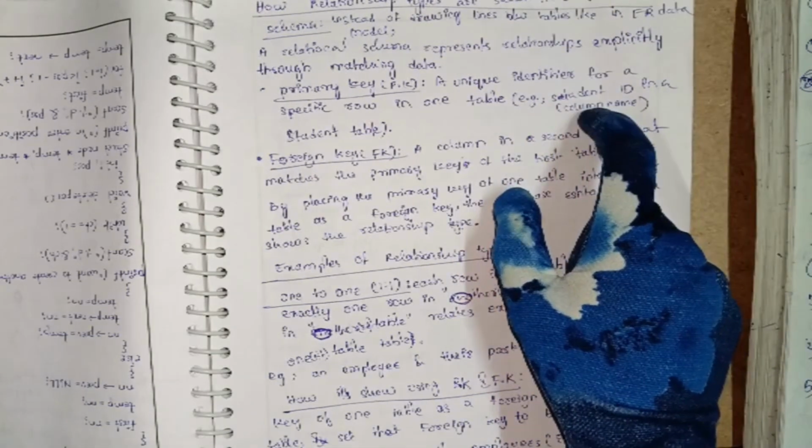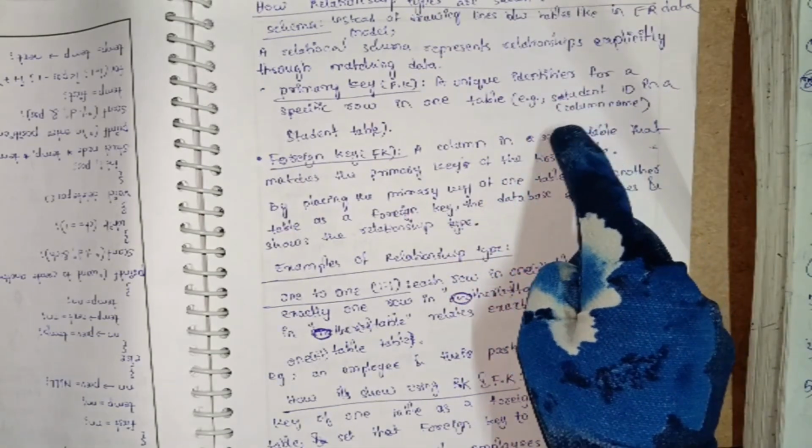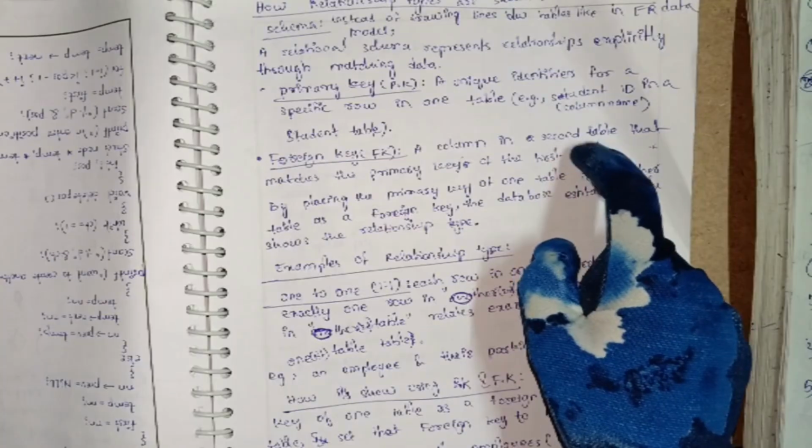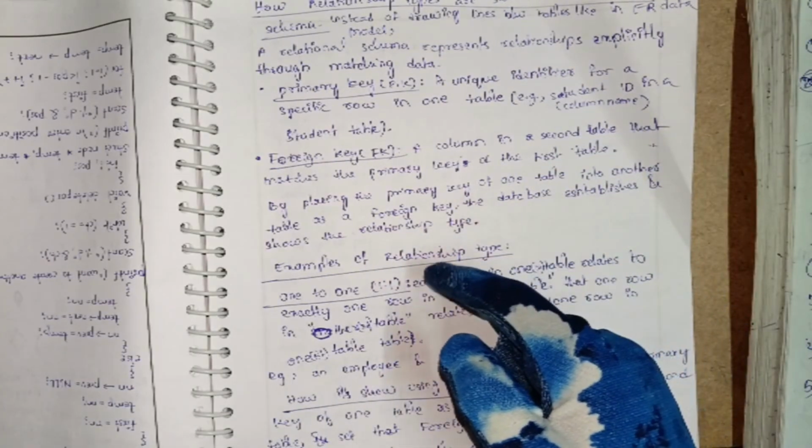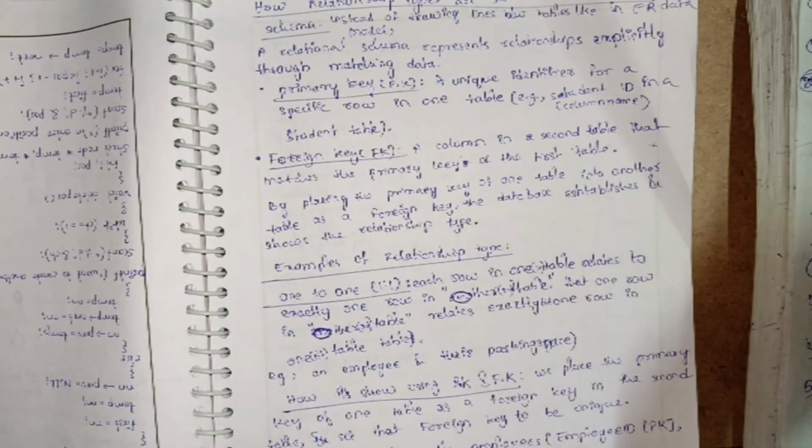If 101 is there, it can contain 101 again, another 101, and so on.